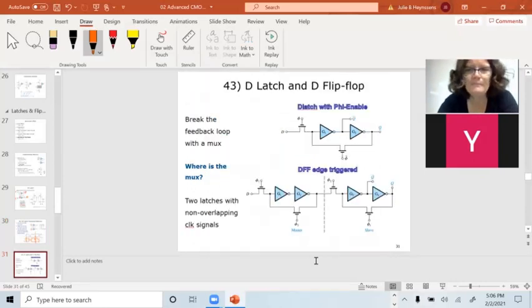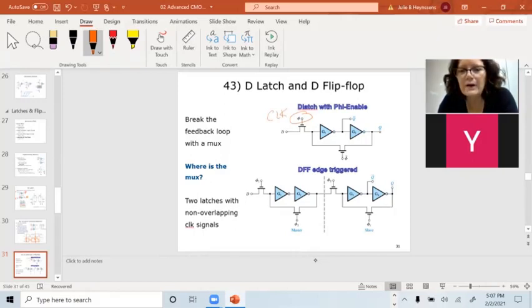Okay. So this is the difference between a D latch and a D flip-flop. This will blow your mind. For a D latch, I'm basically enabling it with a signal called phi, which is basically my clock. Phi is always my clock.